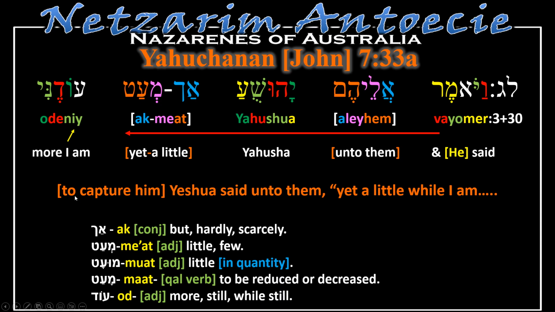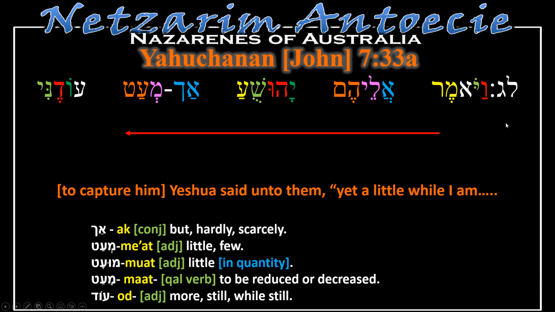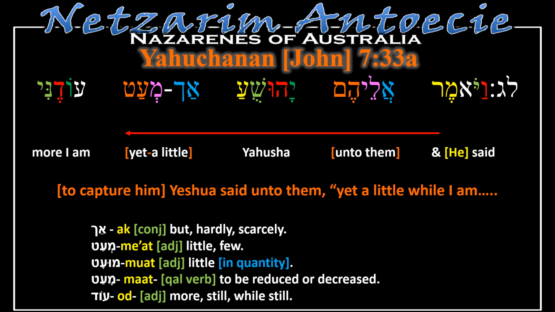And the translation: to capture him, Yeshua said unto them, yet a little while I am. So it just helps you understand how we come to all those conclusions. And we read: vayomer, aleihem, Yahushua, ak, me'at, od-eni. And he said unto them, Yahusha, yet a little more I am.